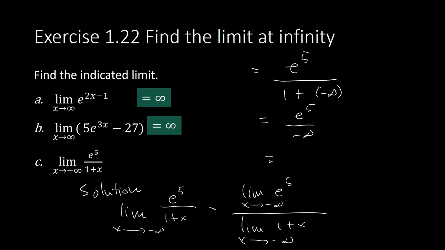So what is e to the 5 divided by negative infinity? So that would have to be 0. Okay, so e to the 5 is a constant real number, e multiplied by itself 5 times, divided by something that decreases without bound. So the result is going to be 0.